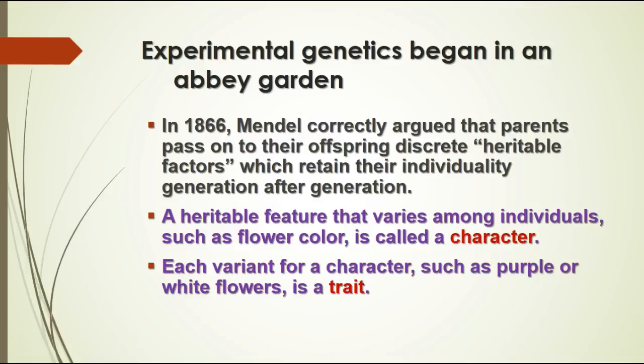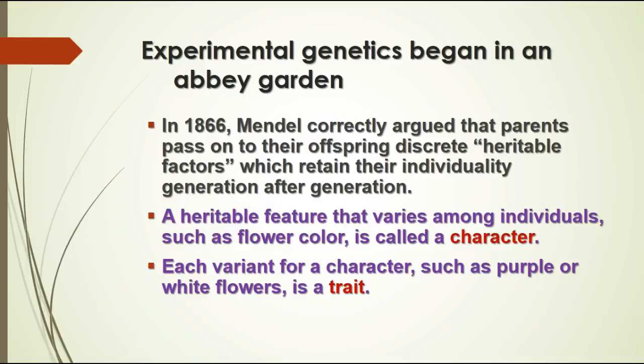What Mendel decided, because of the research that he did, was that there are individual inheritable factors, or heritable factors, which are going to be inherited from the parents. Some of those factors can be exhibited while others might be hidden, but show up in a later generation. So he called a heritable feature that varies among individuals in a species a character.